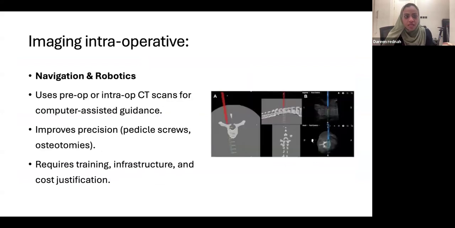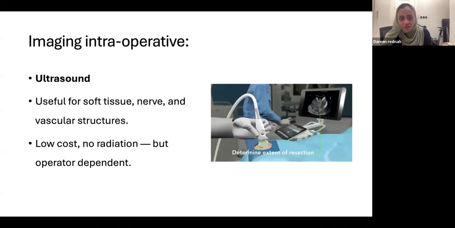We have navigation and robotic systems used intraoperatively between CT scans and computer-assisted guidance. They are used in pedicle screws and sometimes, in rare situations, in osteotomy. They need training, infrastructure, and cost justification. Ultrasound has no radiation at all, but it is operator dependent, used mostly in oncology to identify the neurovascular structures and the soft tissue margin.